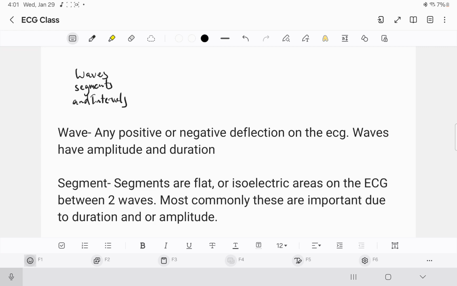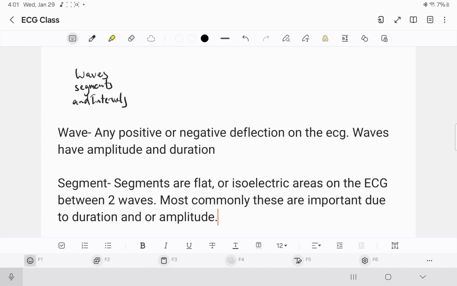But to be frank, most of the times we don't really speak about the duration of the ST segment or the PR segment. So I would correct that and say it is most relevant. Segments are most relevant also due to their amplitude. So is it elevated or depressed above the baseline? But the point is, a segment is a flat line in between two waves, basically.